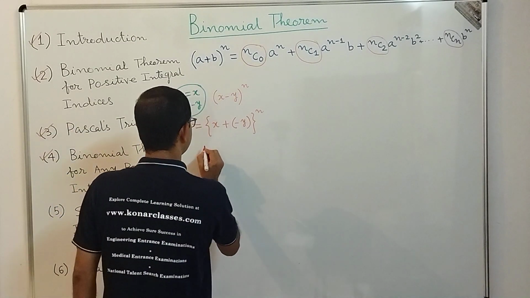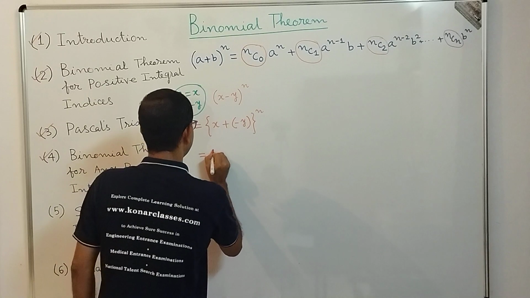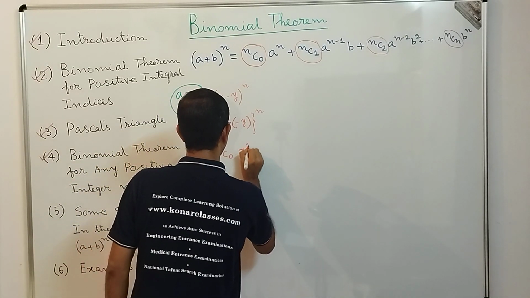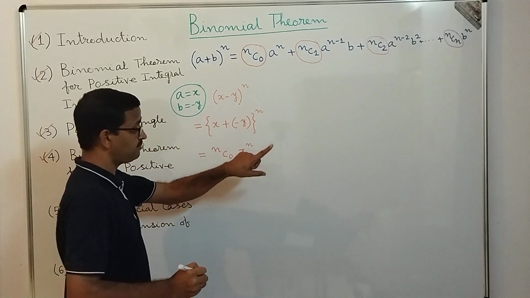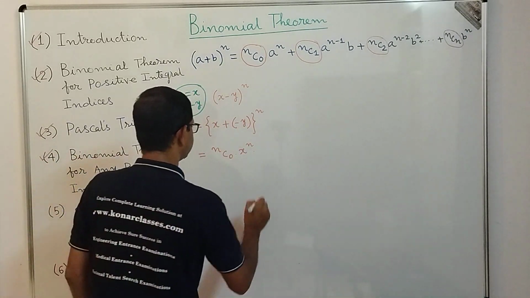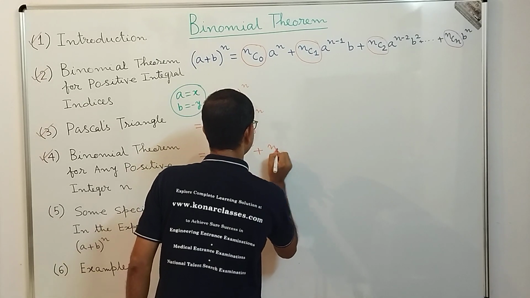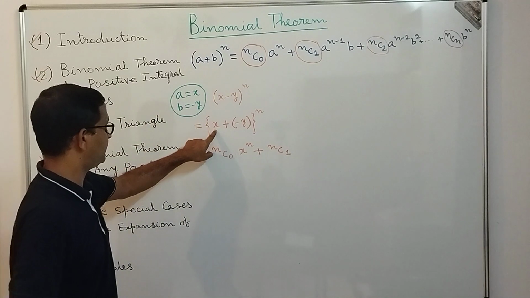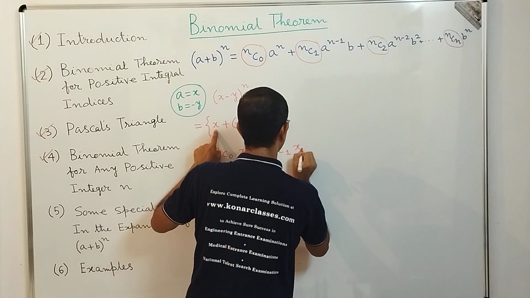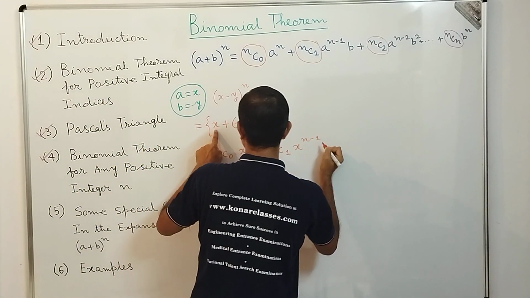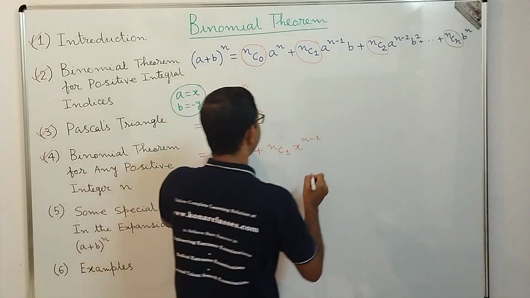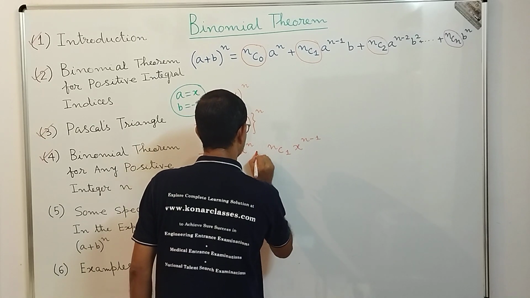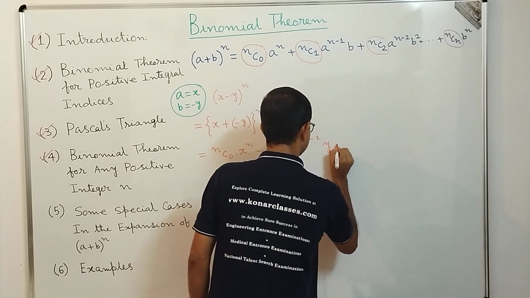Then, dear students, this is equal to nC0 into x to the power n into minus y to the power 0, that is 1, the first term, plus nC1, the second term, x power n minus 1 into minus y power 1, that means minus y, correct.